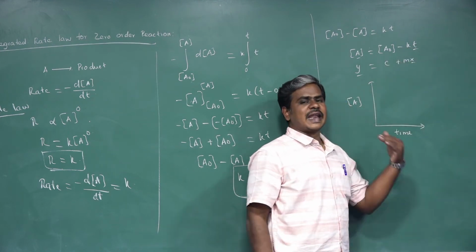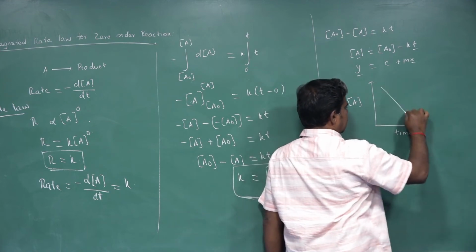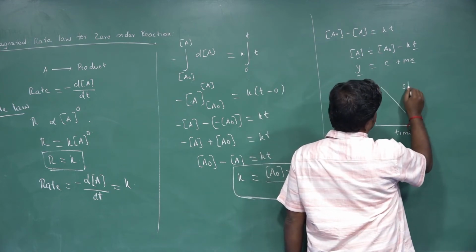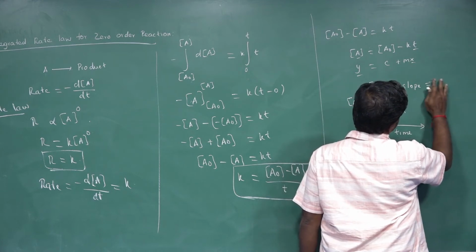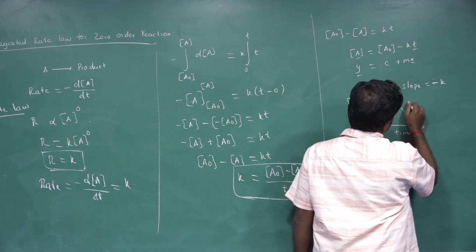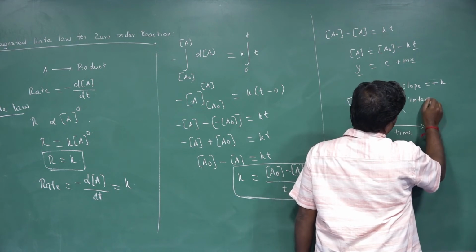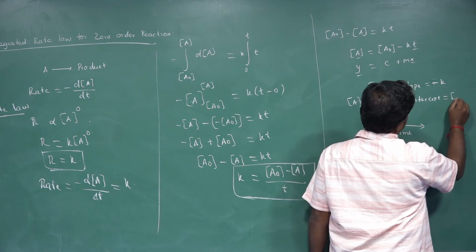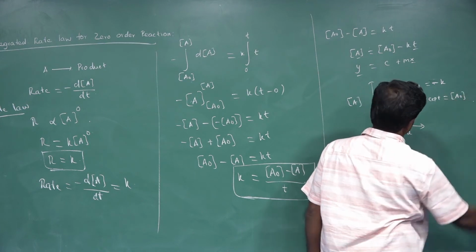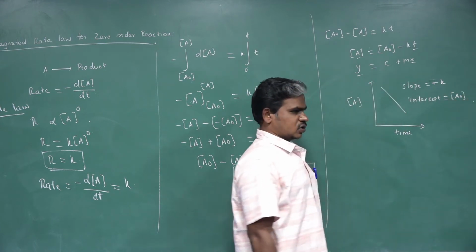We are getting the negative slope, so the slope value is equal to minus k, and the intercept value is nothing but concentration of A naught. So it is the graphical representation.